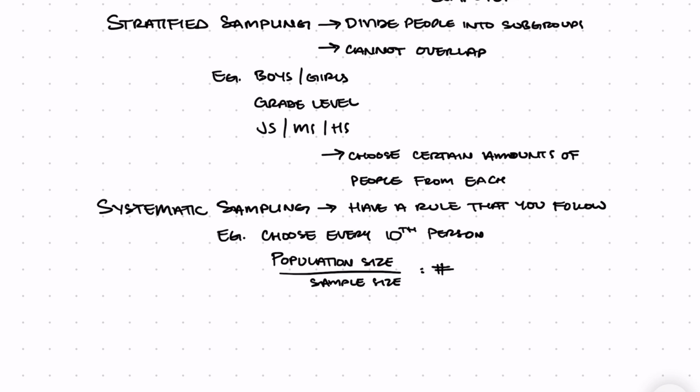Usually that number is the one you would use to decide which person to choose. So let's say the population is 500, and for the sample size I want 25 people. Then I would see that this is 20, so that means every 20th person.